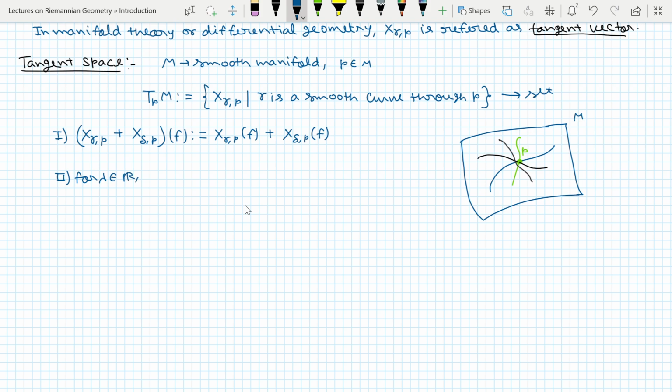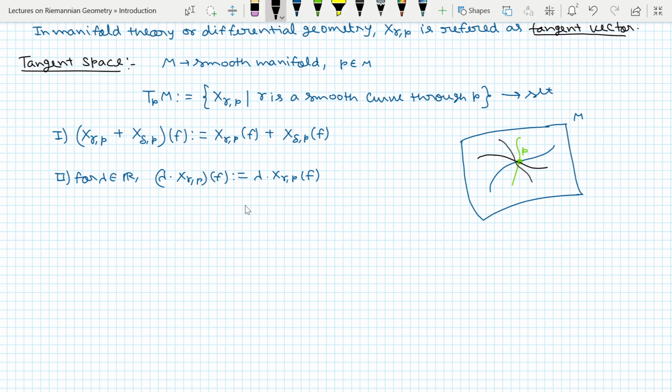Second is scalar multiplication. For lambda belonging to R, since this is a real vector space, we define lambda times X gamma P acting on f. But here we still have a problem. What's the problem?